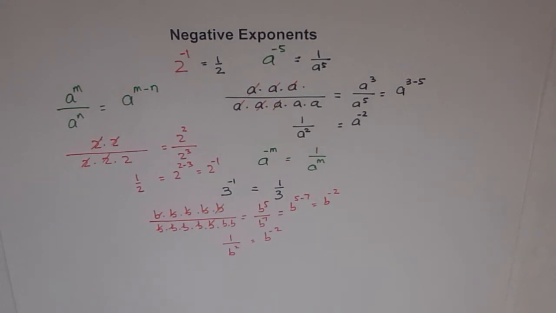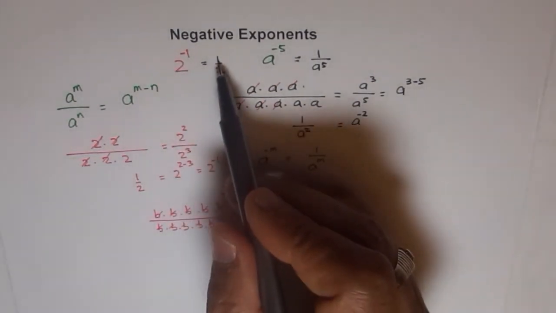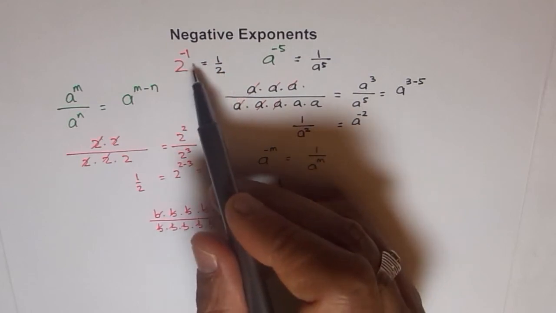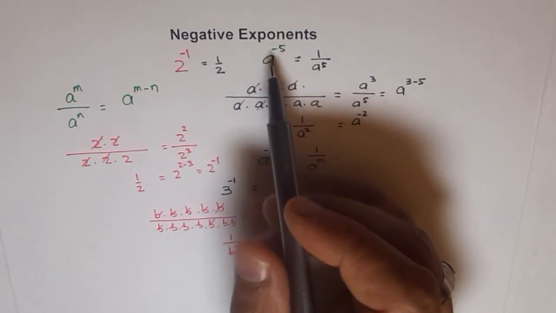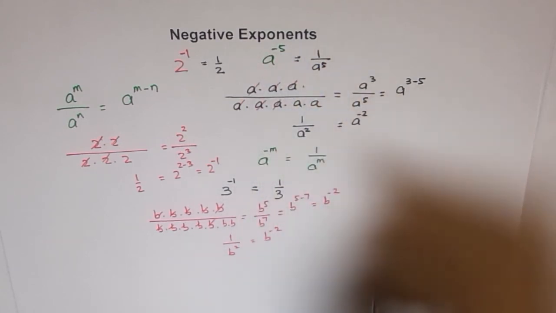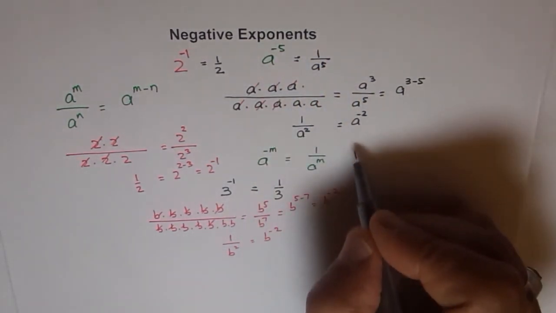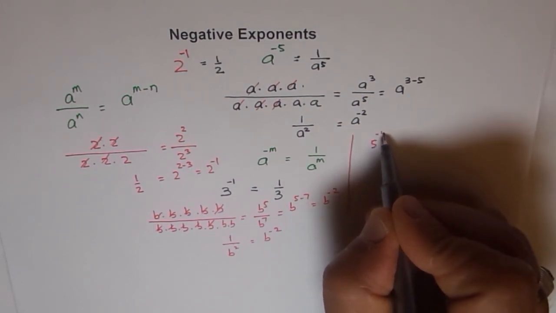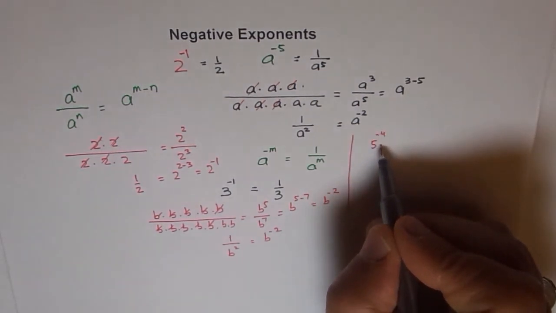So a negative exponent should be treated as a reciprocal. Does it make sense? 2 to the power of minus 1 is the reciprocal of 2, 1 over 2, correct? That is what a negative exponent is. If the power is more, it will be like this. If I have 5 to the power of minus 4, then what does this minus do?